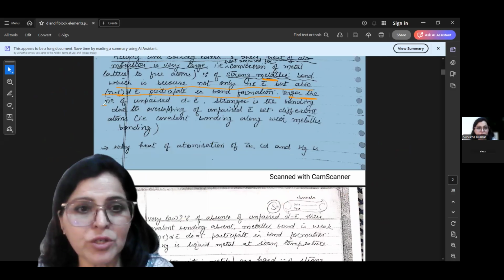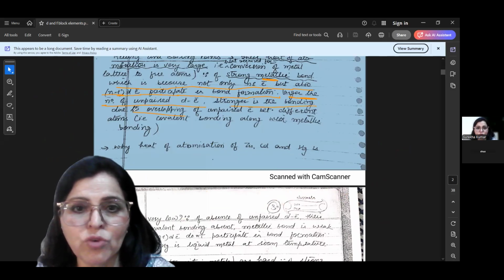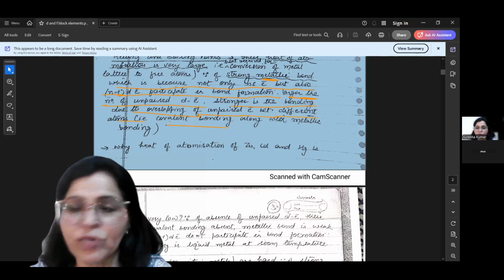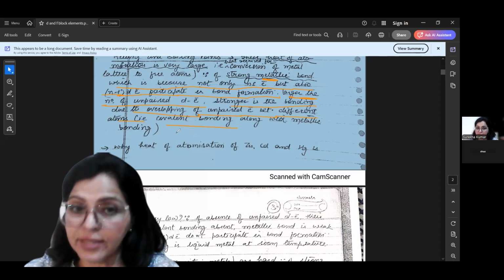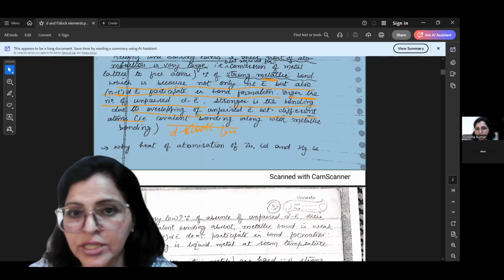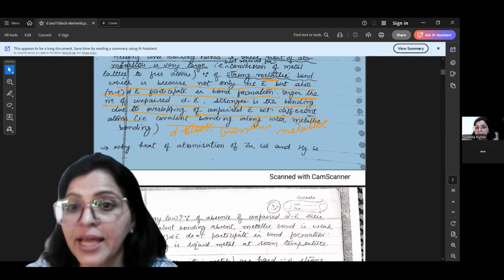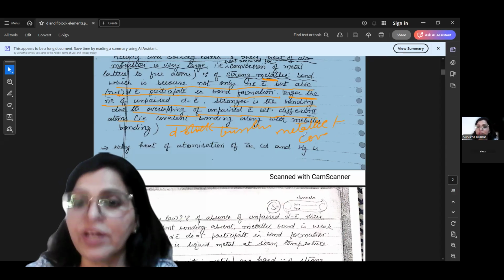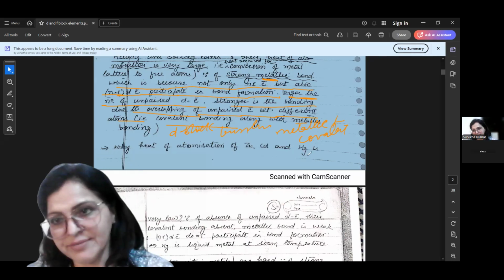Larger the number of unpaired electrons, stronger is the bonding due to overlapping of unpaired electrons between different atoms, that is covalent bonding. So let me make it clear. In d block elements or transition elements, they show metallic bond as well as covalent bond. Now, this is a very special thing. They also show the covalent bonding, right?